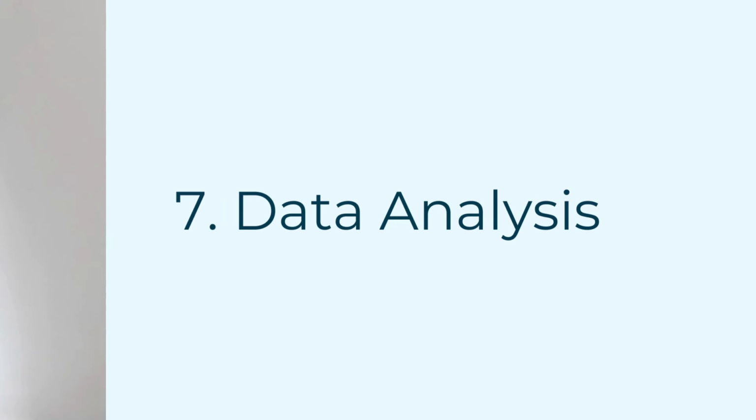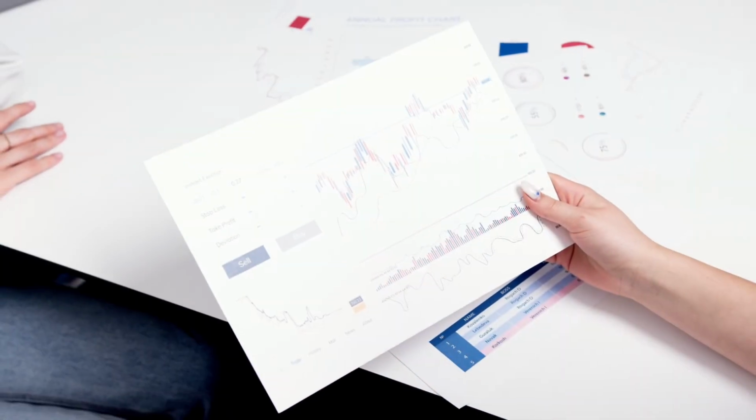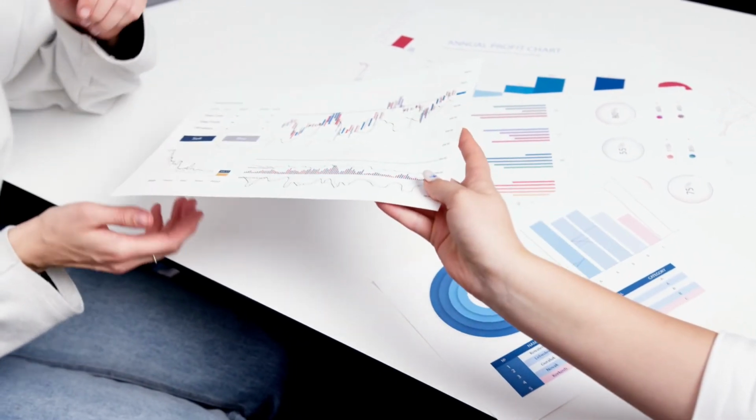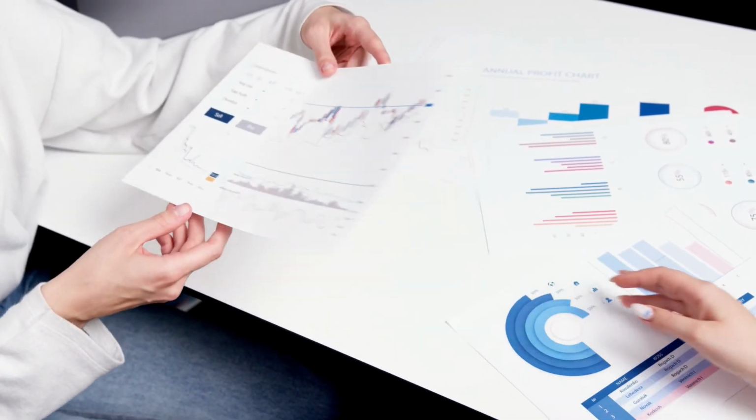The last part is data analysis. Once we have crafted our content, published it, and there are a lot of interactions, comments, likes, and shares, let's analyze the data or the insights of our social media efforts. You go to your Instagram app, check insights, and you will be able to see the specific data that you need to gather and understand.